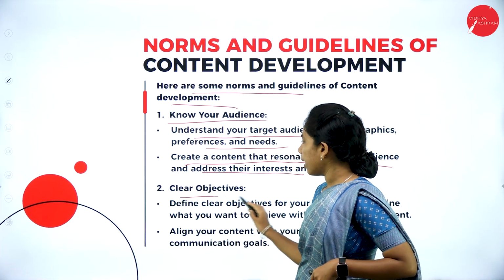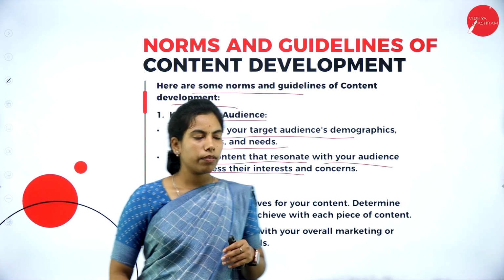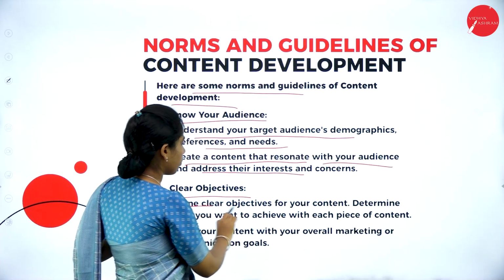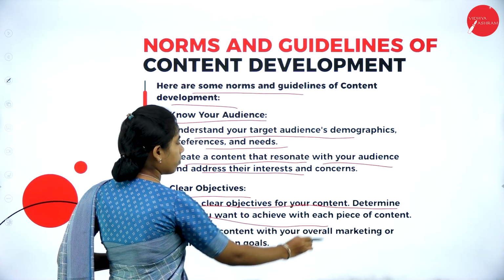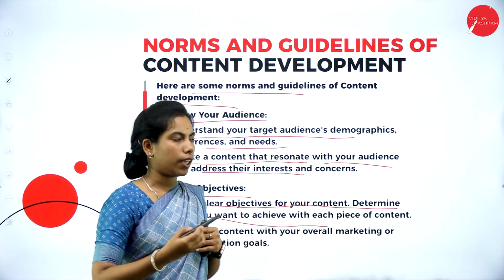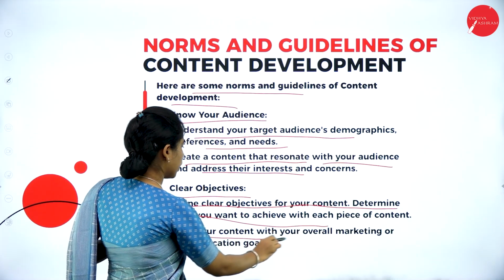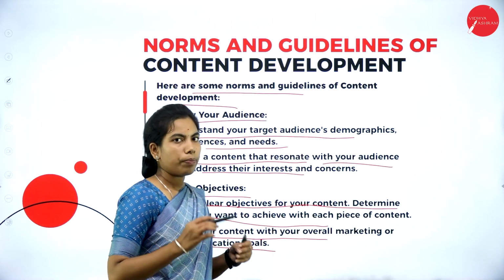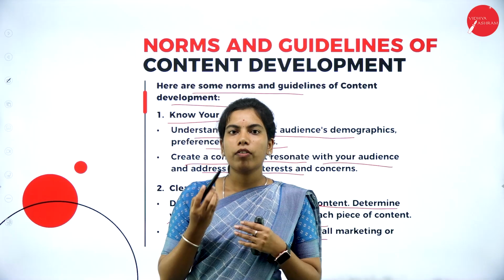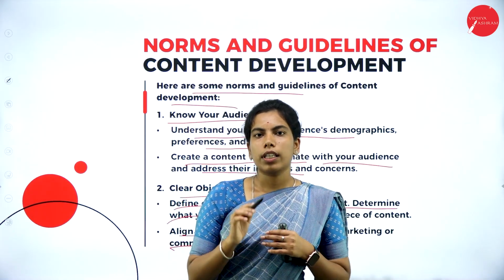And also clear objective. A clear objective is nothing but defining a clear objective for your content, determining what you want to achieve with each piece of content, and aligning your content with your overall marketing and communication goals. So you have to fix what type of content we have to make for the end users.